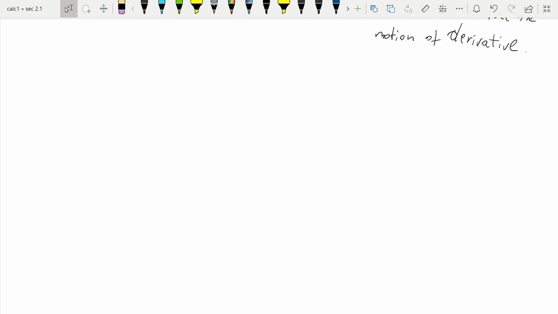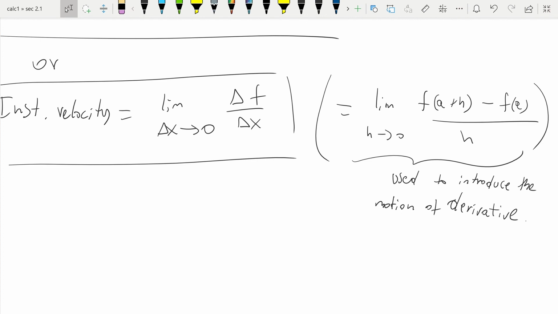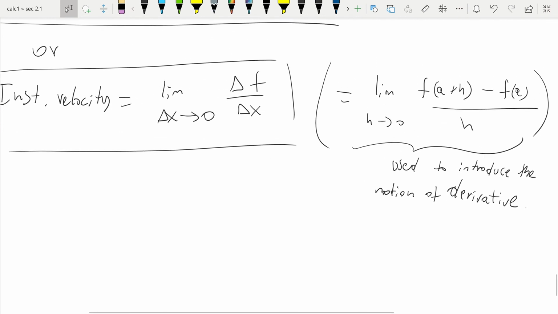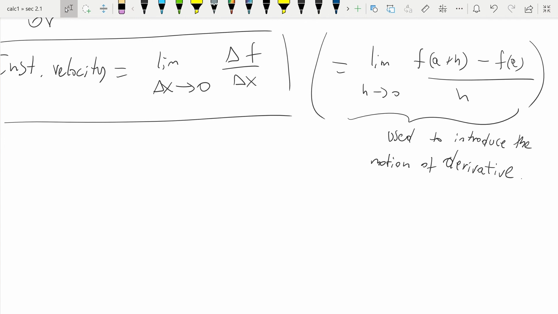Area under the curve, of course, is something for Calc2, but it plays a big role in what we're going to be doing in the next few weeks.